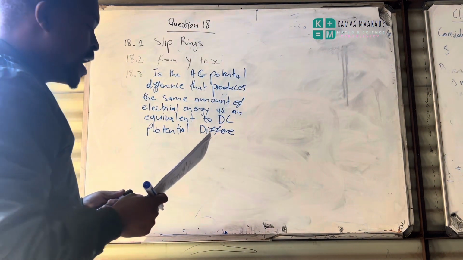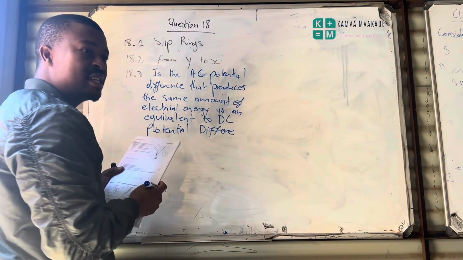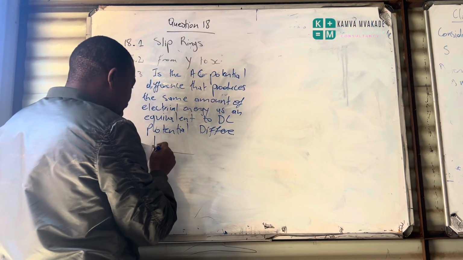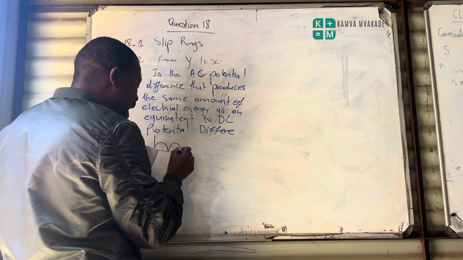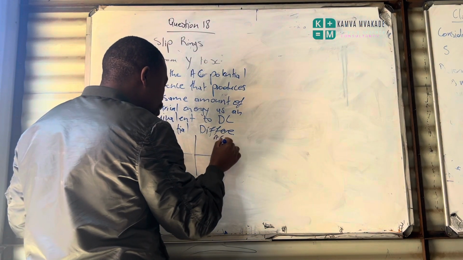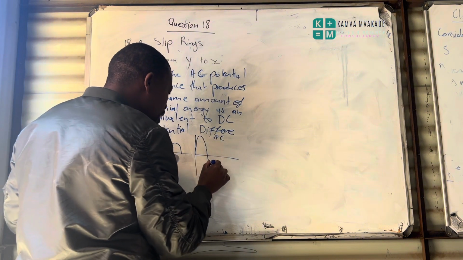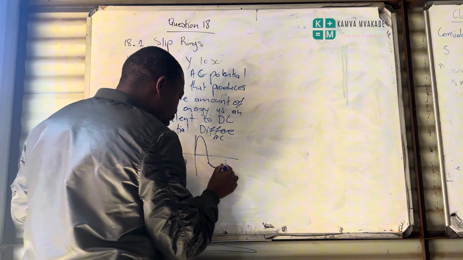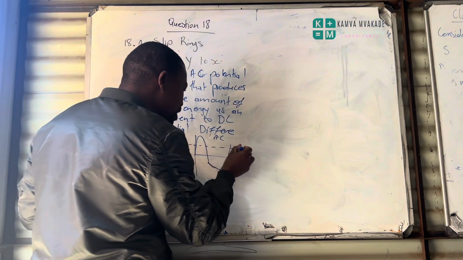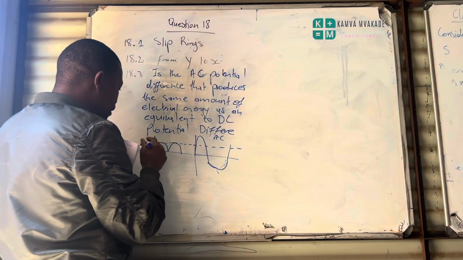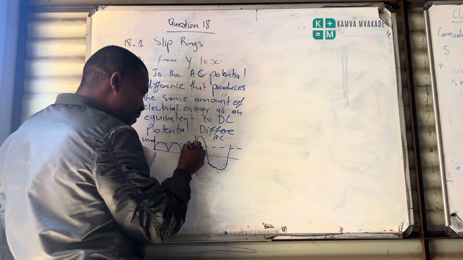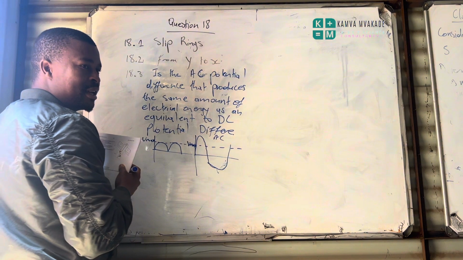When we were discussing this in terms of graphs, this part is the maximum for DC, V max, and the AC one is the VRMS.